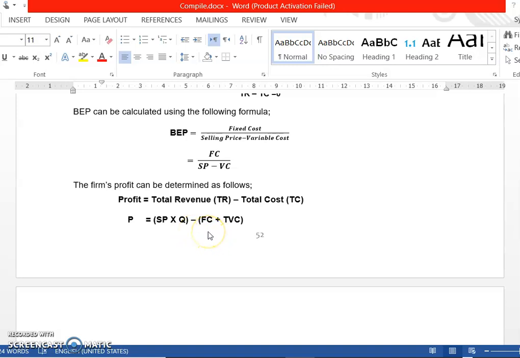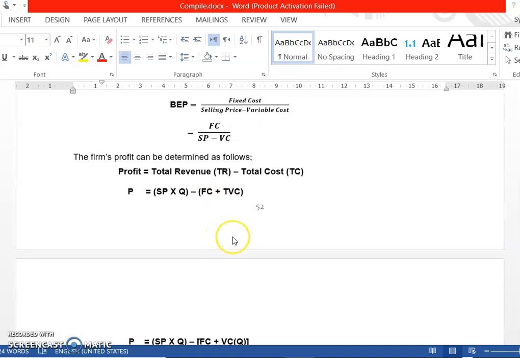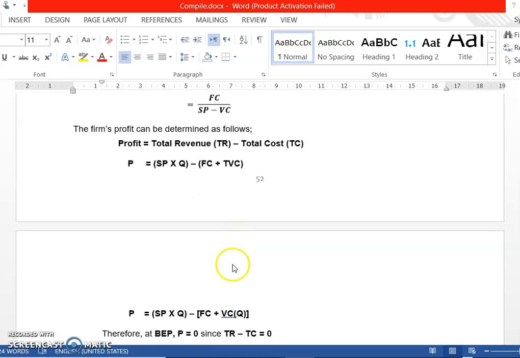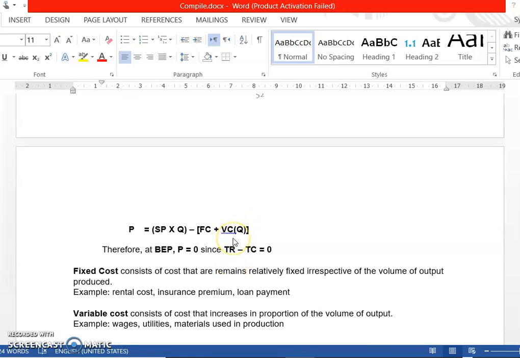Total cost comes from fixed cost plus total variable cost, and total variable cost comes from VC, the variable cost, multiplied by quantity. Q stands for quantity. So for break-even, we have to remember that break-even is where profit is zero, or where total revenue minus total cost is equal to zero.